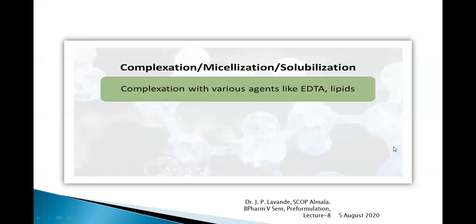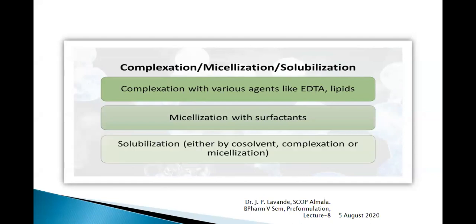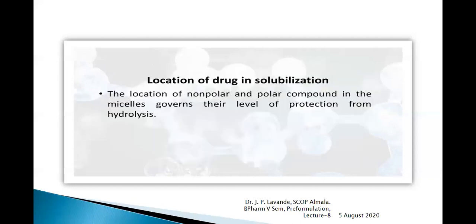Now there are also complexation, micellization, and solubilization. Complexation can be done with various agents like EDTA, ethylenediaminetetraacetic acid, and lipids. We can go for micellization with surfactants, and solubilization either by co-solvent, complexation, or micellization.